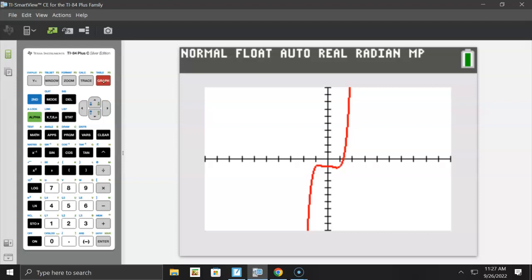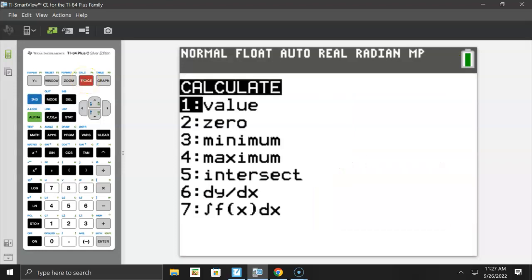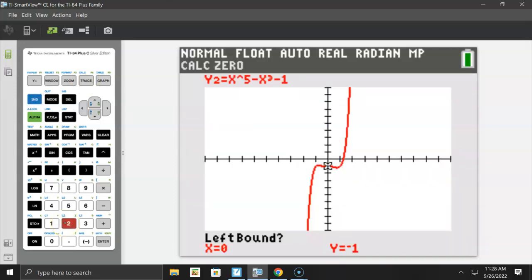Did we get something like this? So make sure you know how to work the second trace. Number 2 is how we find zeros. And remember, it's going to ask you for a left bound and a right bound. So I need to be to the left of where I think that 0 is. Hit enter. And I'll get a little dotted line. Move my bug. Get another dotted line, and it'll guess. Did we get that? Okay.